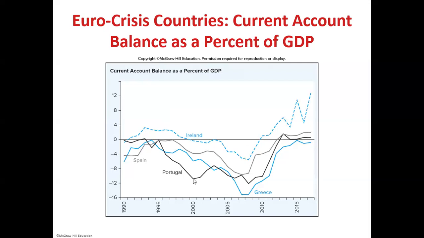Portugal had a current account balance deficit of about 12%. And this is for Greece. Greece had a current account balance deficit of how much? About 6%. 6% deficit. And this one is for Spain. We see for Spain, the current account balance deficit is 4%.